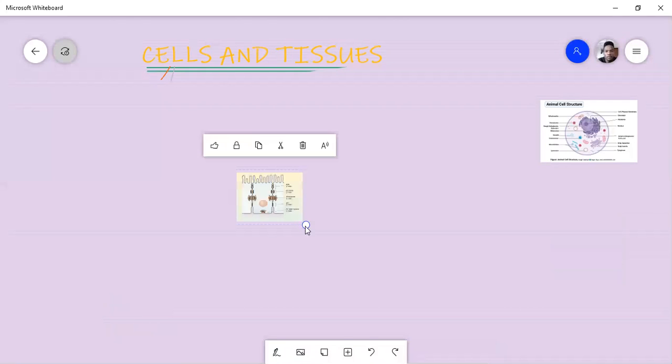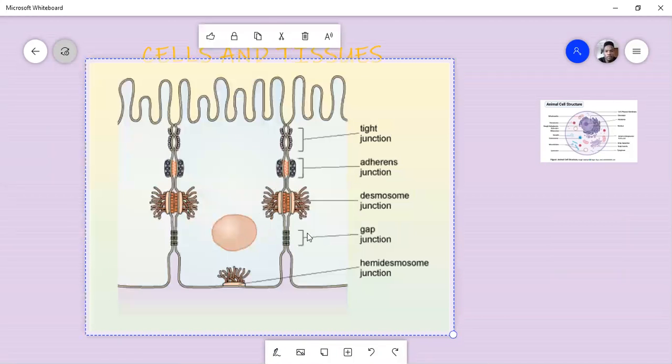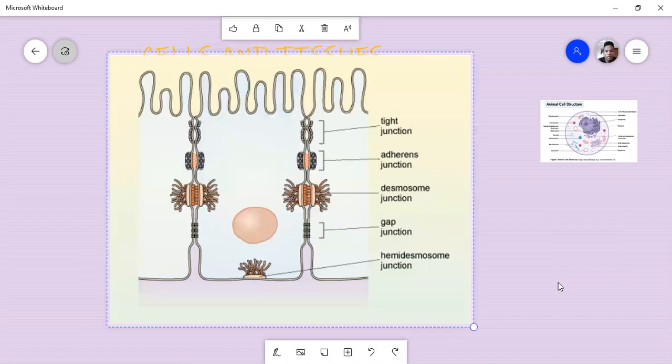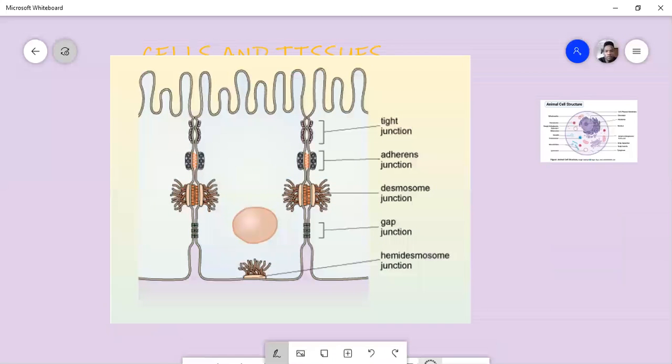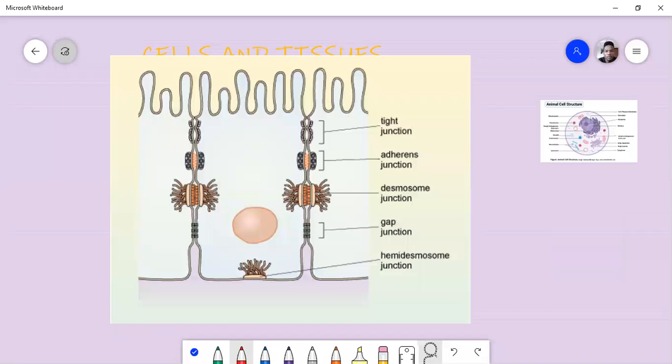So I just want to show you this picture, so you see how junctions look like. So this is just a cell, they cut it in half. This is cell number 1, cell number 2, and this is cell number 3.